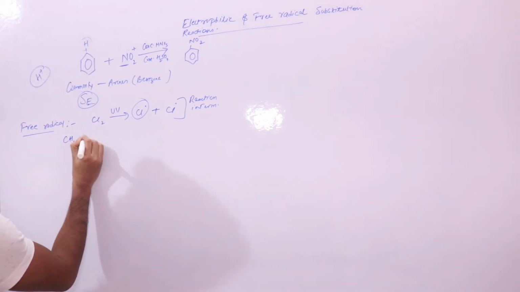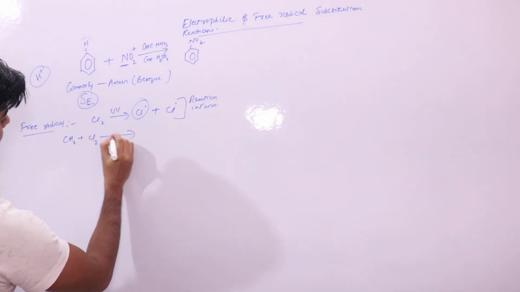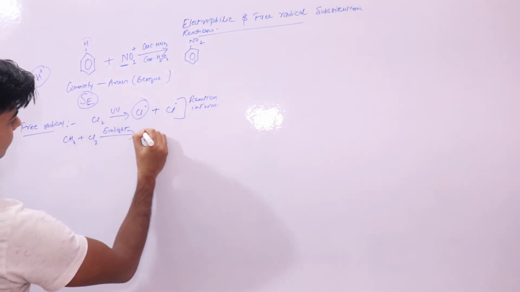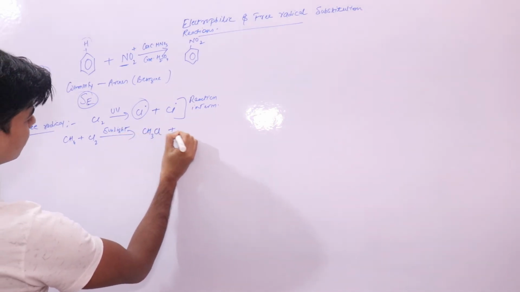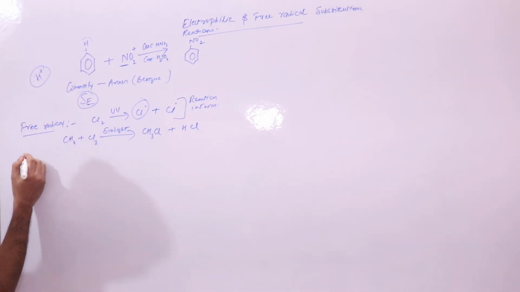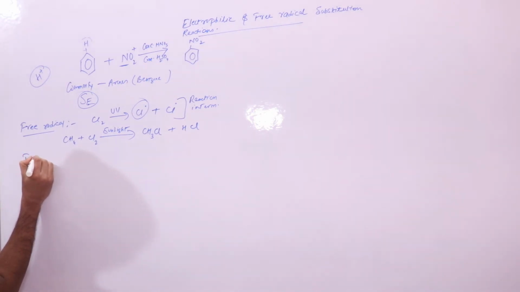This reaction takes place in the presence of sunlight, and it forms this product. If you look into the mechanism, the reaction takes place through mainly 3 steps.